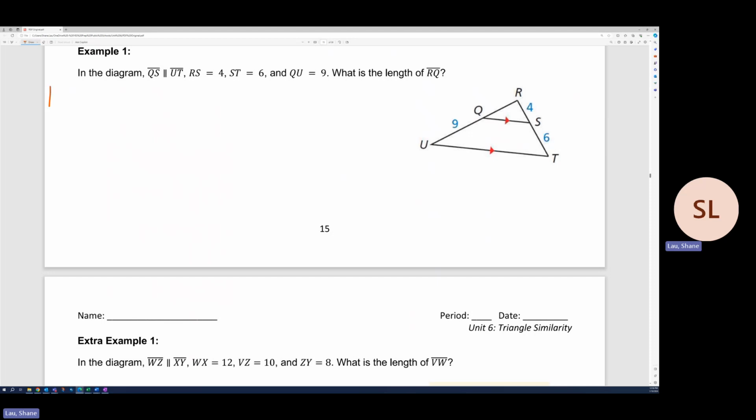So the first thing I'm going to do is establish what is my old and what is my new. The second thing I'm going to do, I'm going to find my proportion. And the third thing I'm going to do is solve. Okay, solve is a little ambiguous. You don't really know what you could be doing or could be trying to do. So we'll just leave solve to be up in the air for us.